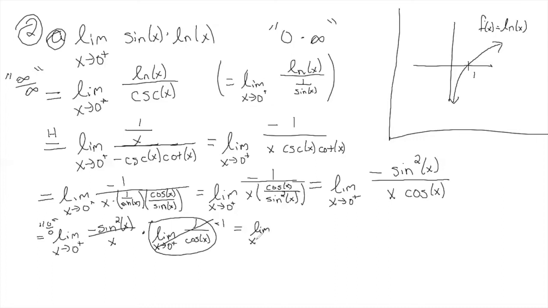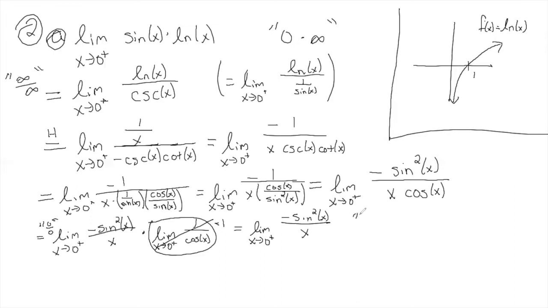And now I just have to worry about evaluating this, which is certainly a little bit easier, right? It's a lot less of a pain to deal with this derivative, because even here in this form, it's still 0 over 0. But taking the derivative of the bottom is not really ideal.